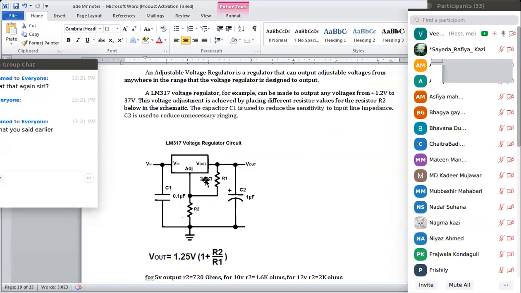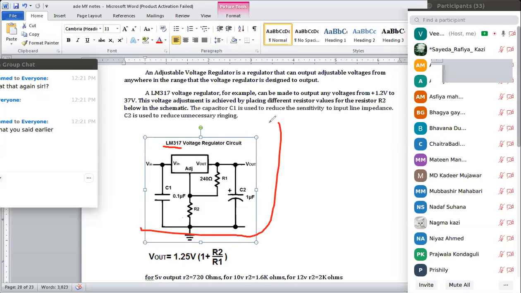Along with that regulation and filter circuit, the LM317 is also connected in a closed circuit.